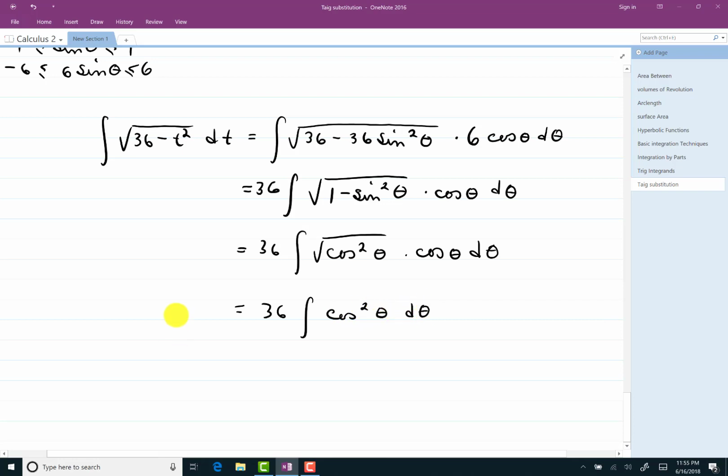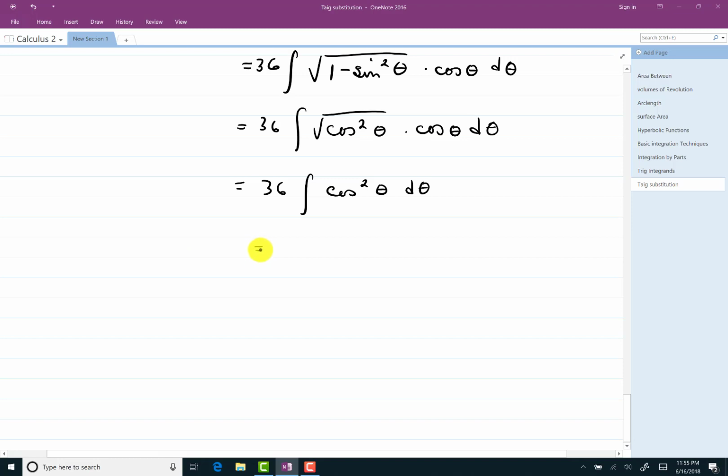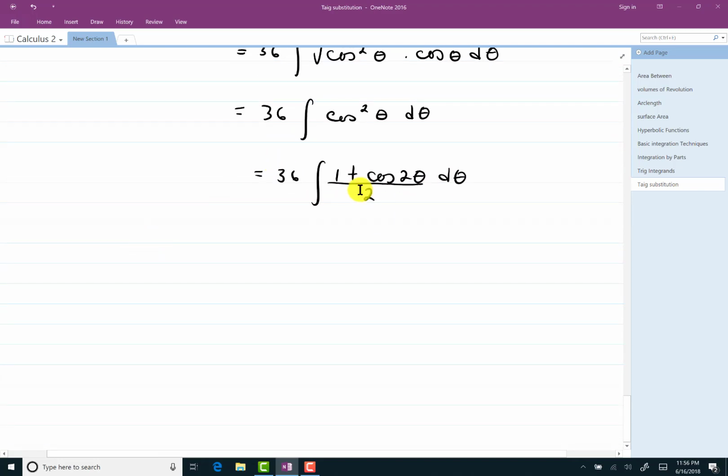Now the only way we have of dealing with a trig function squared like that is the one particular identity that goes 1 plus cosine of 2 theta divided by 2. I'll pull the 1/2 in front to give me an 18 integral 1 plus cosine of 2 theta.